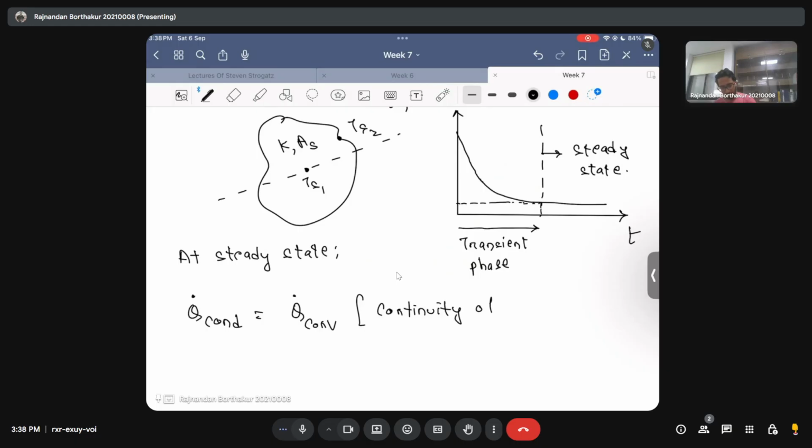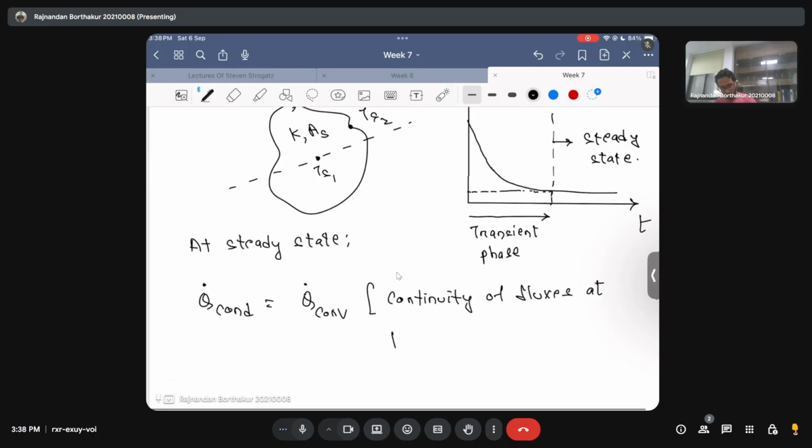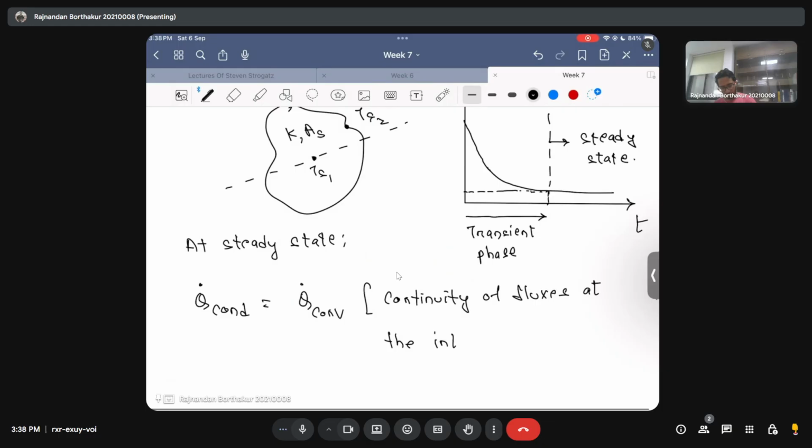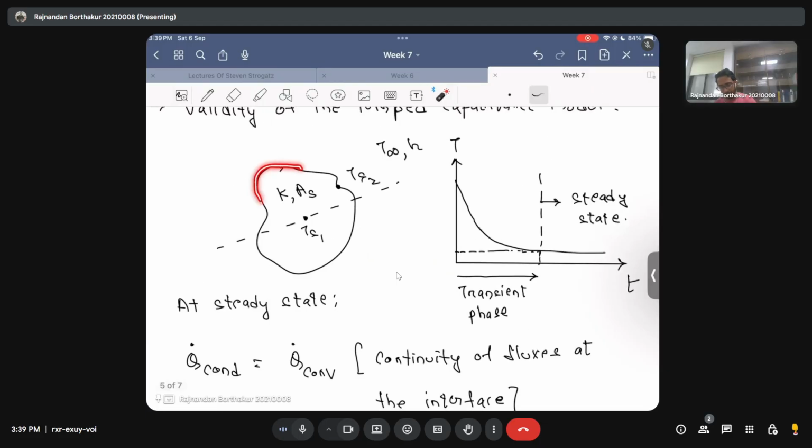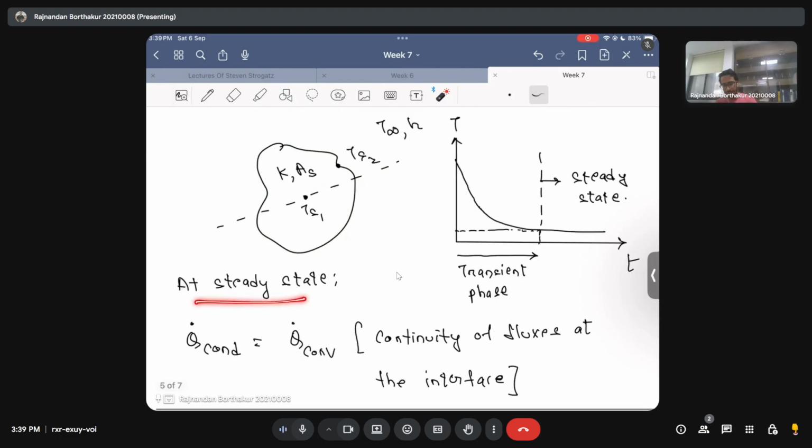Okay. Interface meaning that we are just saying that whatever heat is coming from conduction, q dot conduction, is going out to the ambient fluid by convection. That's all that we are writing, but this is only true because we are applying this at steady state.